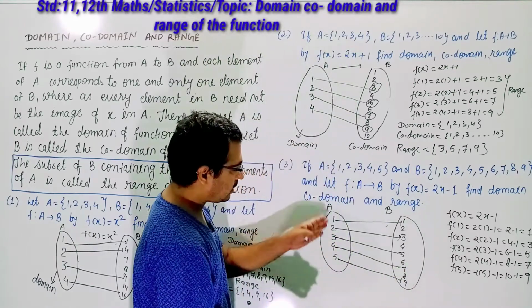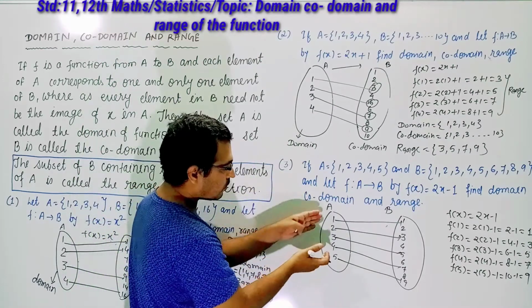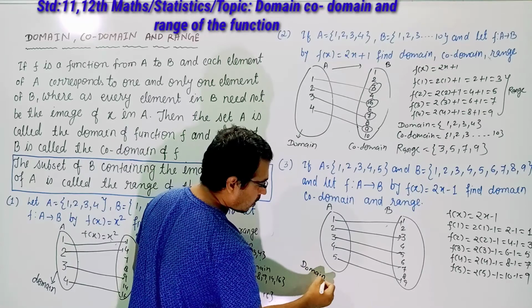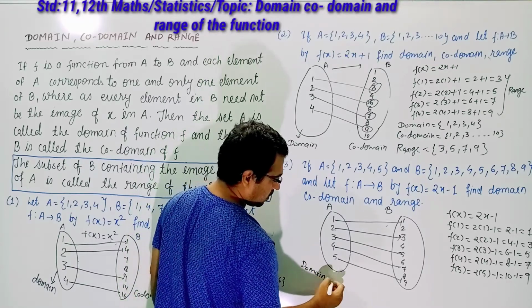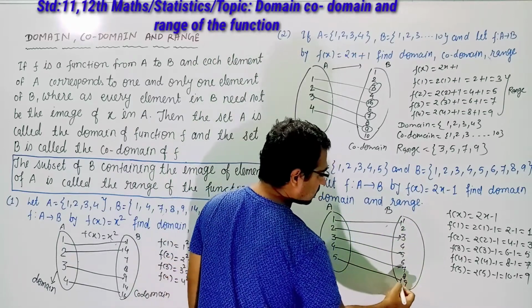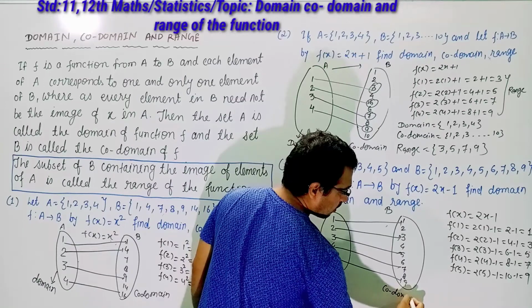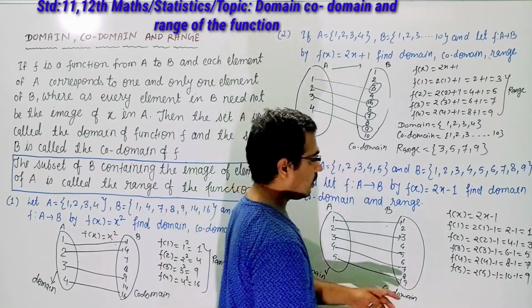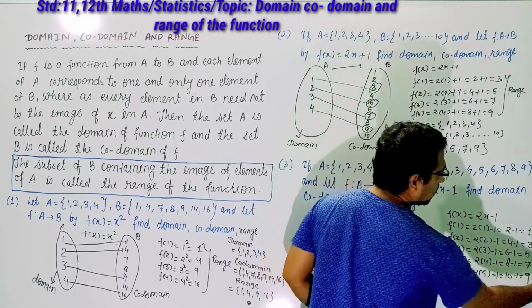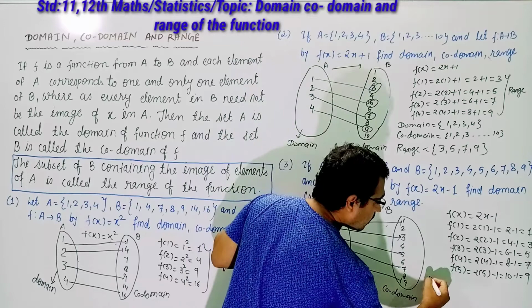These elements 1, 2, 3, 4, 5, the set of these elements, is the domain of the function. The set of these other elements is the codomain. And these outputs are the range.